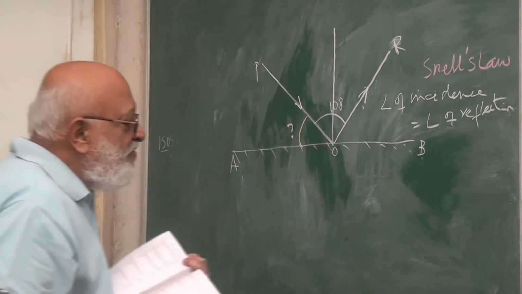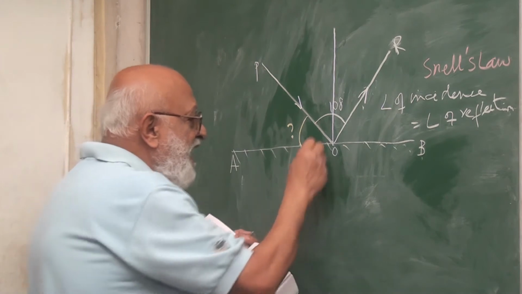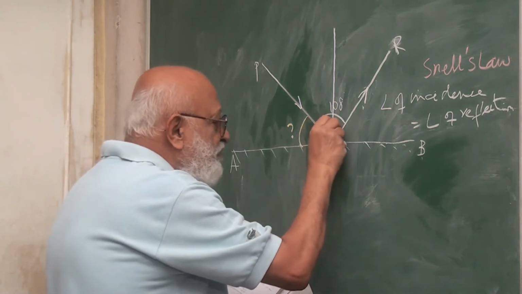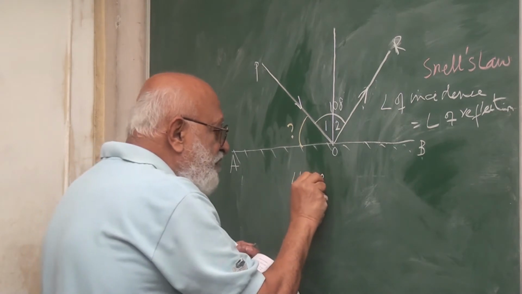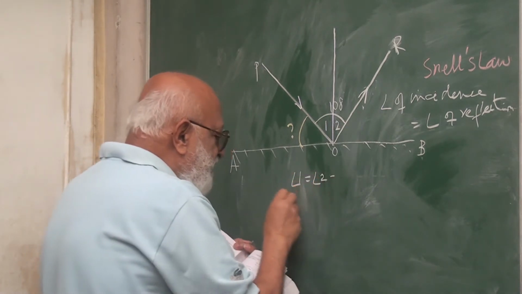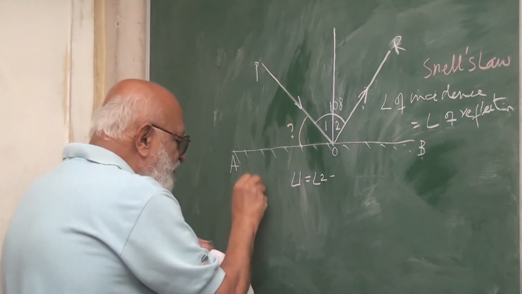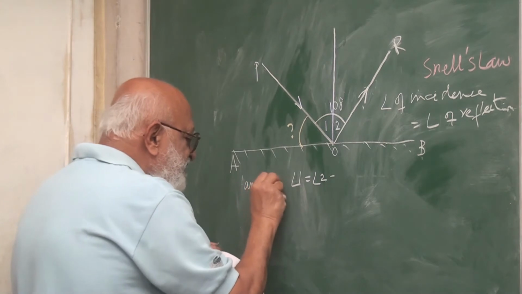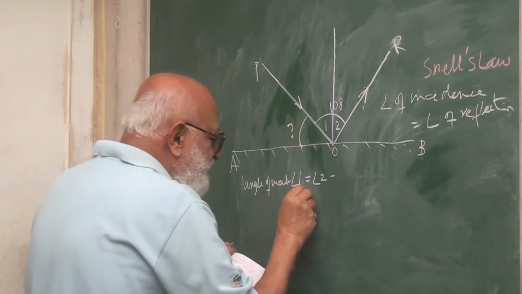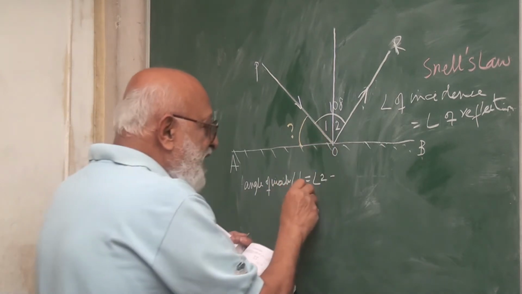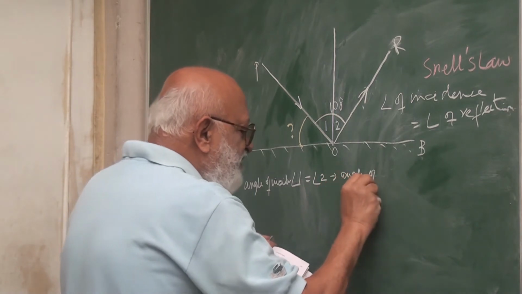As I draw my normal, this would be 1 and 2. So angle 1 is equal to angle 2. Okay, let's write it this way. Angle of incidence is equal to angle 1, which is equal to angle of reflection.